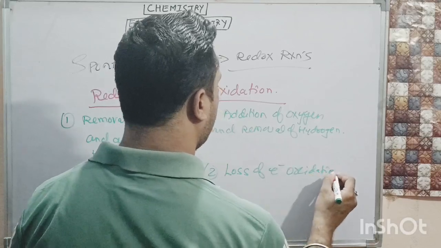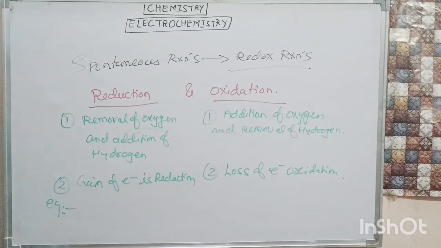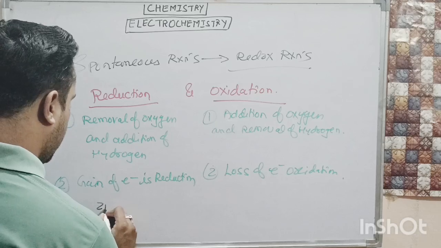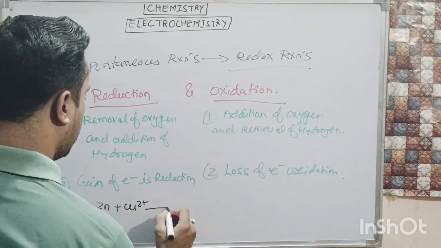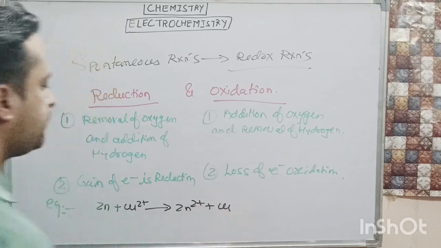Let's understand this through an example of a cell reaction. Zn plus Cu2+ gives Zn2+ plus Cu.